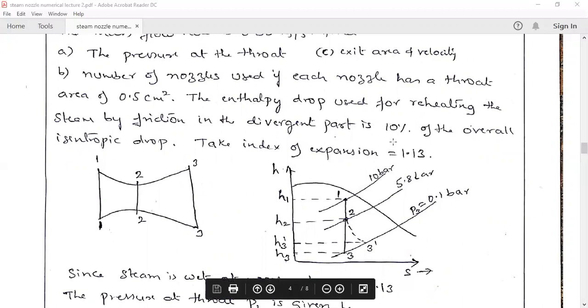That means only 90% of the isentropic enthalpy drop occurs at the exit of the nozzle. Remaining 10% is lost due to friction. So take the index of expansion as 1.13. As I said earlier, since the steam is not superheated at the entry, we need to take it as 1.13.